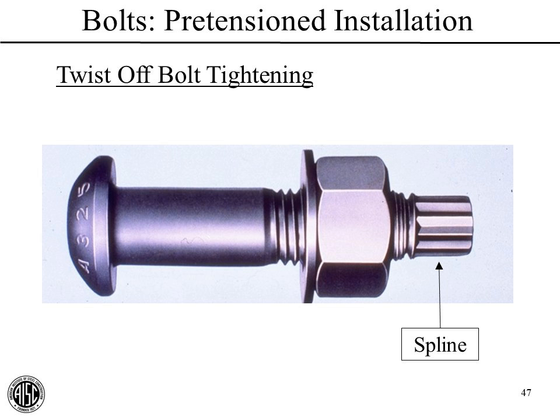Okay, finally, twist-off tightening. In this case, we have a picture of a twist-off bolt. And these kinds of bolts are installed, and then the nuts placed on there and tightened to a snug tight condition. And then a special tool is used that grabs this spline and nut and twists the spline relative to the nut until this spline breaks off due to the shear stresses along this line from the pure torsion.